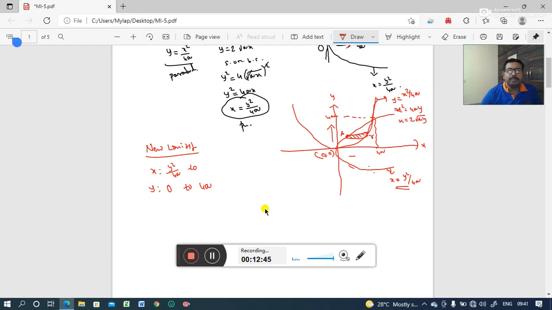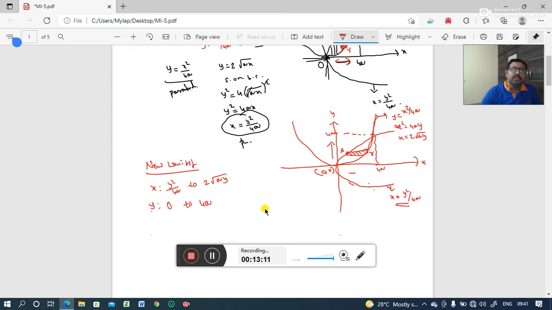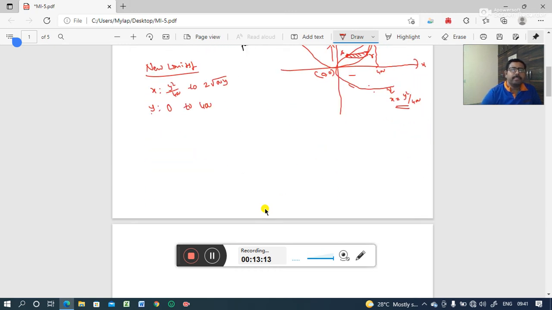Therefore the x upper limit is 2 into square root of ay. Now you just compare the limits. In the previous case, your x limits are 0 to 4a. Now after changing the order of integration, your y limits are 0 to 4a and x limits are y square by 4a to 2 into square root of ay. Use these new limits for integration.